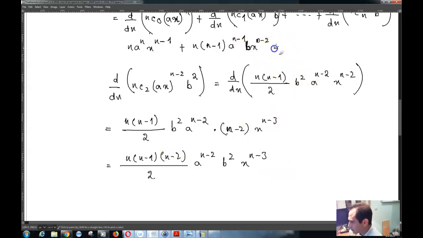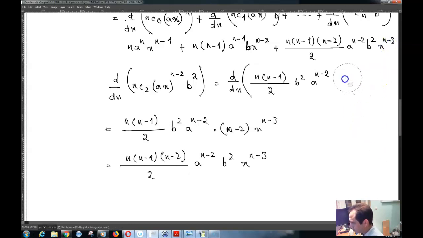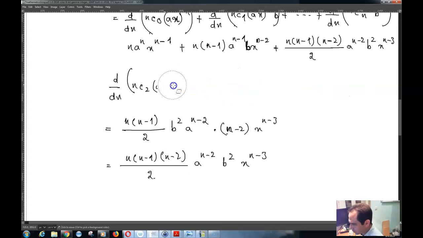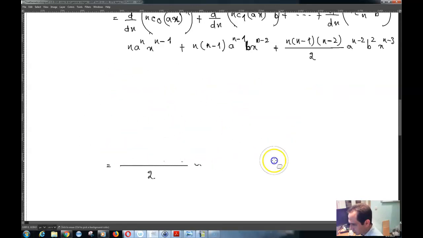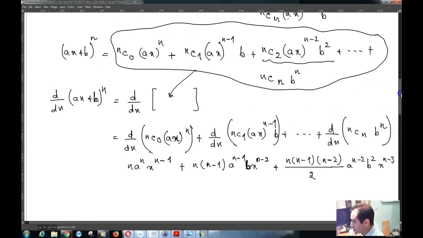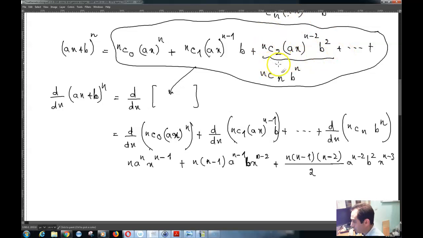So I can write this as plus basically n times n minus 1 times n minus 2 divided by 2, a raised to the power n minus 2, b raised to the power 2, x raised to the power n minus 3. So the next term that you would get after this term would be basically n combination 3, and then I want to basically calculate the next term after this as well.